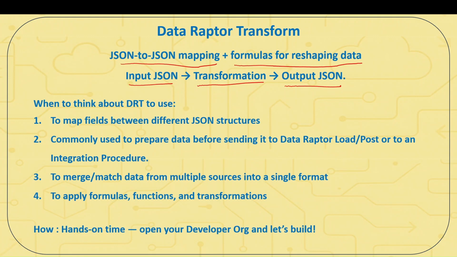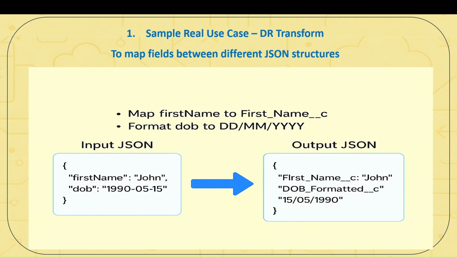The first use case is to map fields between different JSON structures. Whenever there is a requirement, for example, if this is the input JSON and we need output JSON like this. So here, if we observe first name needs to map as first name like this, or date of birth maybe in this format, or we may need to find age as well based on date of birth.